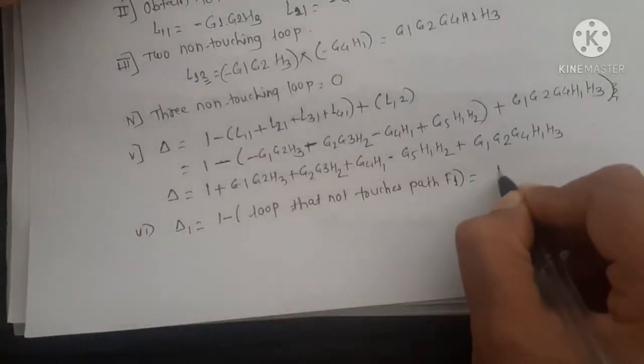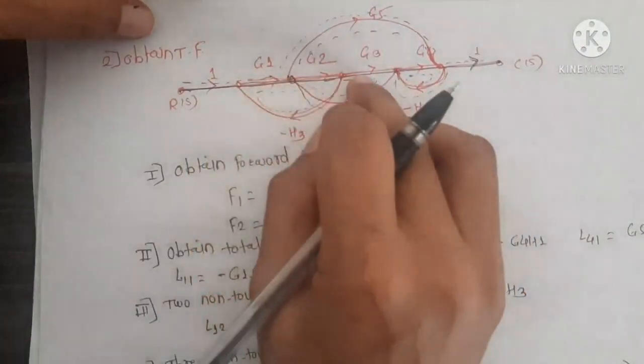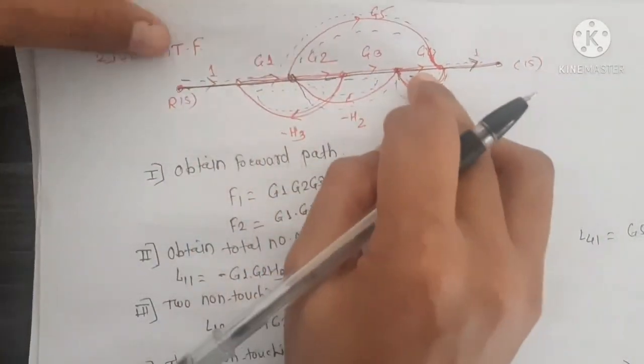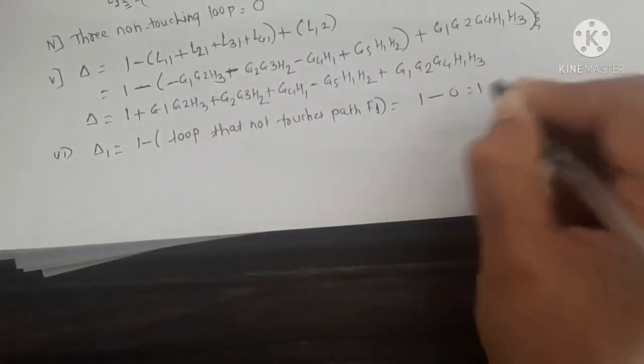So look at the diagram, is there any loop present that does not touch this path? No, all loops touch this path, so the value of this is 0. So 1 minus 0 is 1.